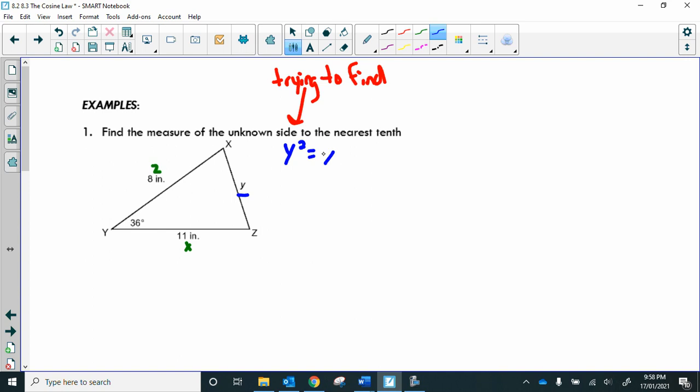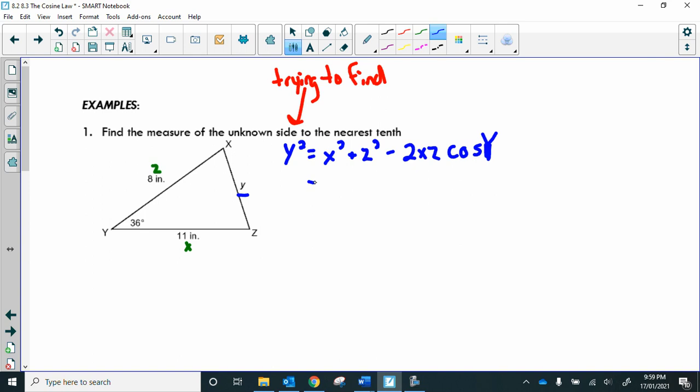So I have x and z, so x squared plus z squared, minus 2 times the other two sides, so xz, cos of the angle opposite the side we're trying to find. So if we're trying to find little y, we're going to use cos of capital Y here. That is a bad capital Y.